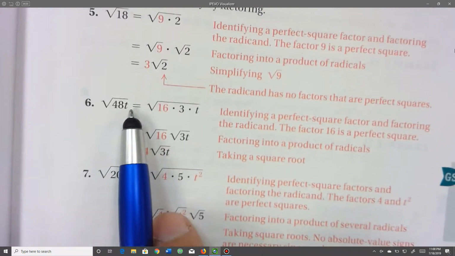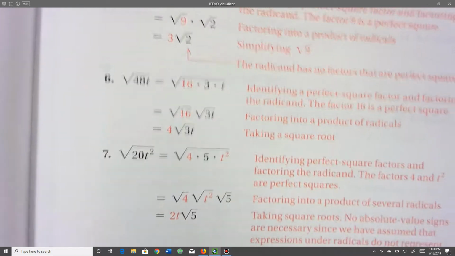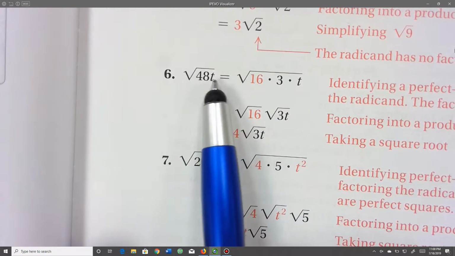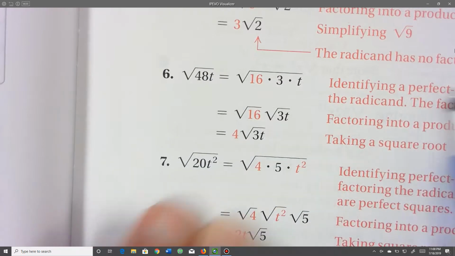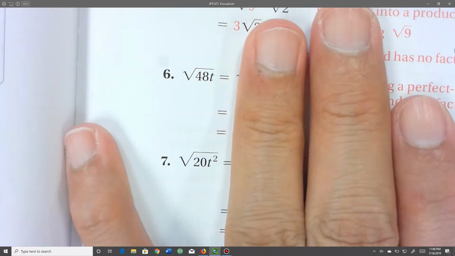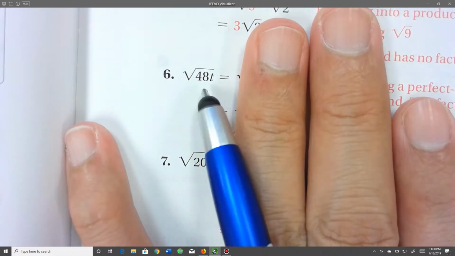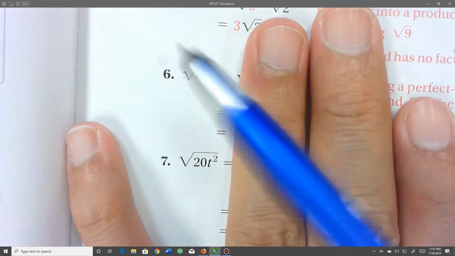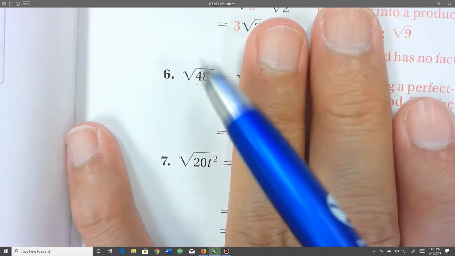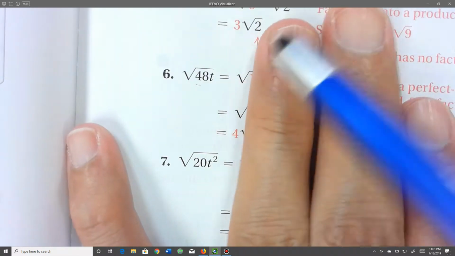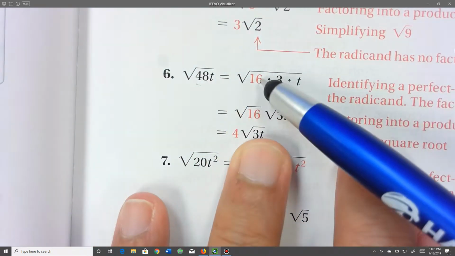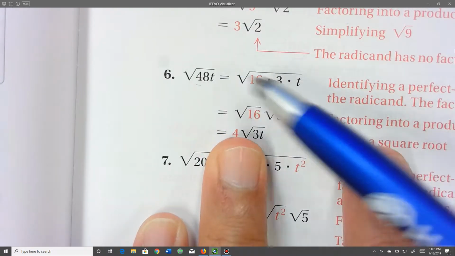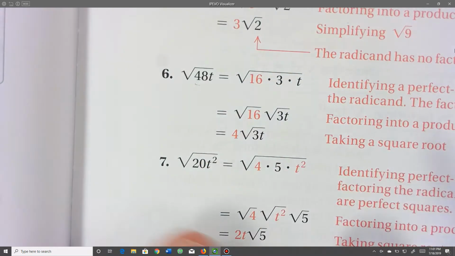Okay, now it's a bit more difficult trying to see if the values they give you have a perfect square. See, because here, if I didn't know that I can multiply 3 times 16 and give me that, I think I would have struggled to tell that the perfect square 16 was a factor of 48.